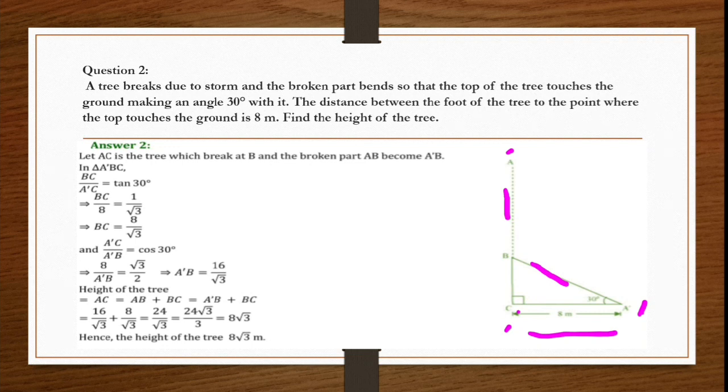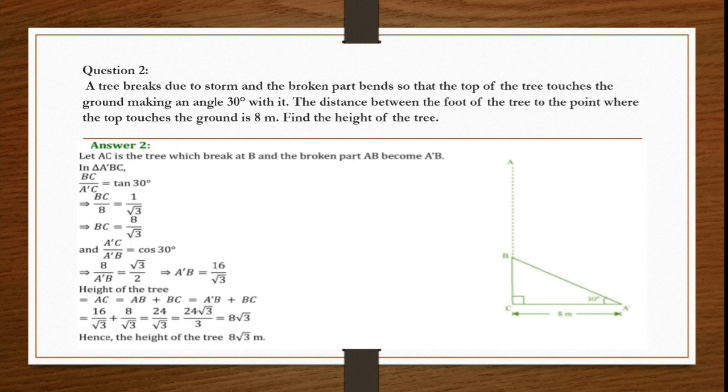Why? Because this AB part bends after the storm and it touches the ground at the point A dash. That means this AB and this A dash B both are of the same length.